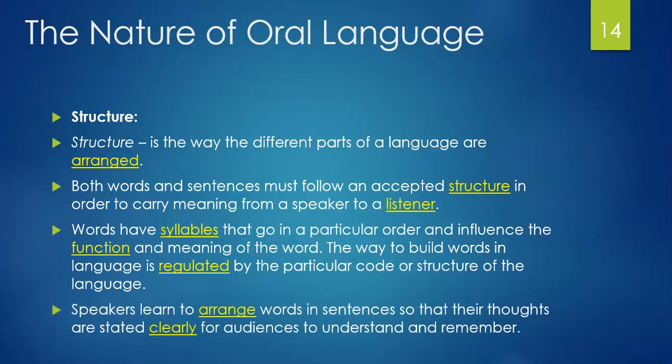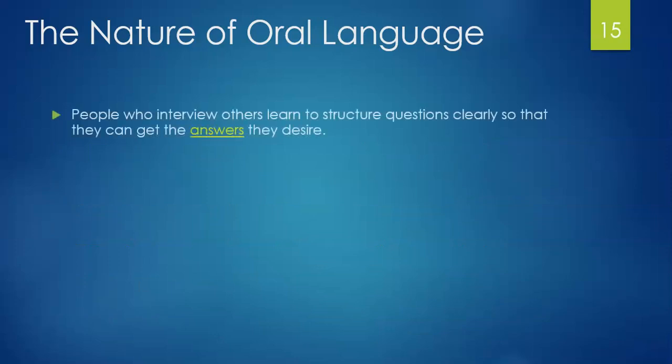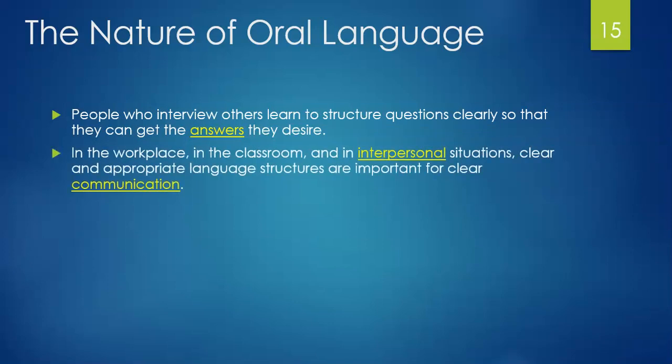Speakers learn to arrange words and sentences so that their thoughts are stated clearly for audiences to understand and remember. People who interview others learn to structure questions clearly so that they can get the answers they desire. In the workplace, in the classroom, and in interpersonal situations, clear and appropriate language structures are important for clear communication.